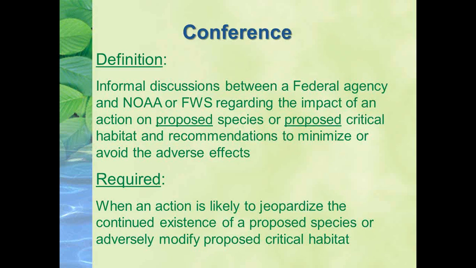And the same for critical habitat. We are proposing to designate these areas as critical habitat for this species. And often those will happen simultaneously. A proposed listing is accompanied by a proposed critical habitat designation.